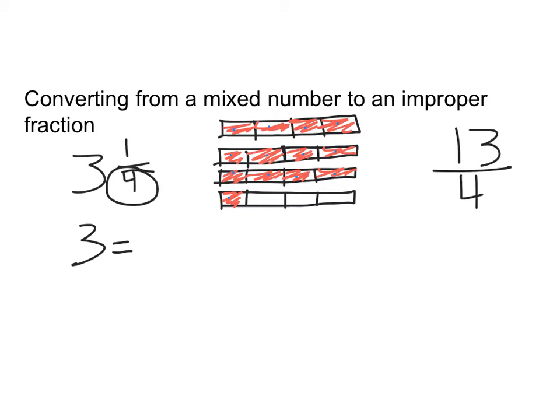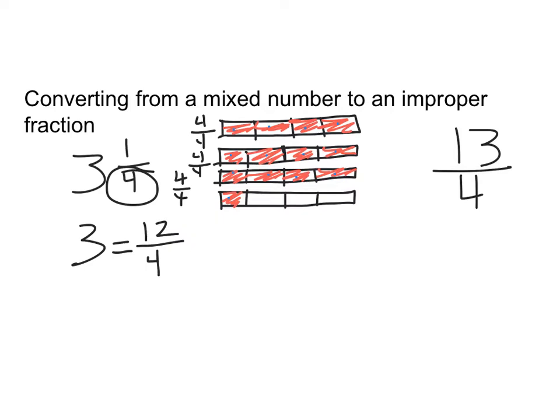Well, this is 4 fourths. Here's another 4 fourths. Here's another 4 fourths. So in all, that's 12 fourths, which should make sense because 12 is 3 times 4.